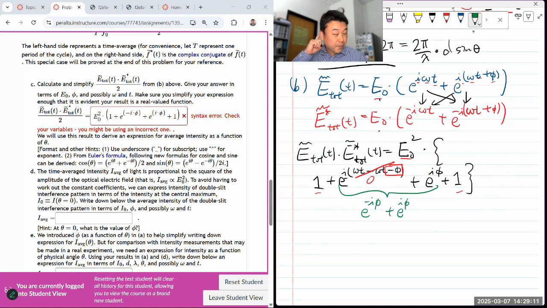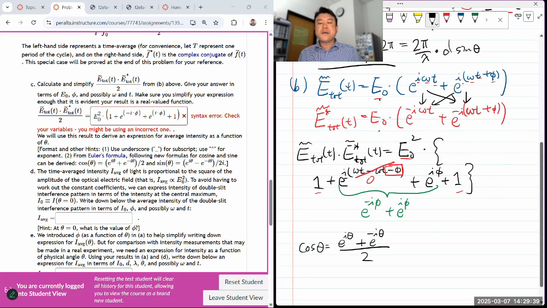Without going into a whole long series of explanations, I recognize this as 2 times the cosine of phi. Part of the recognition is based on the fact that I have this memorized. If you want to represent the trigonometric function cosine of theta in terms of exponential functions, that's going to be e to the i theta plus e to the minus i theta, divided by 2.